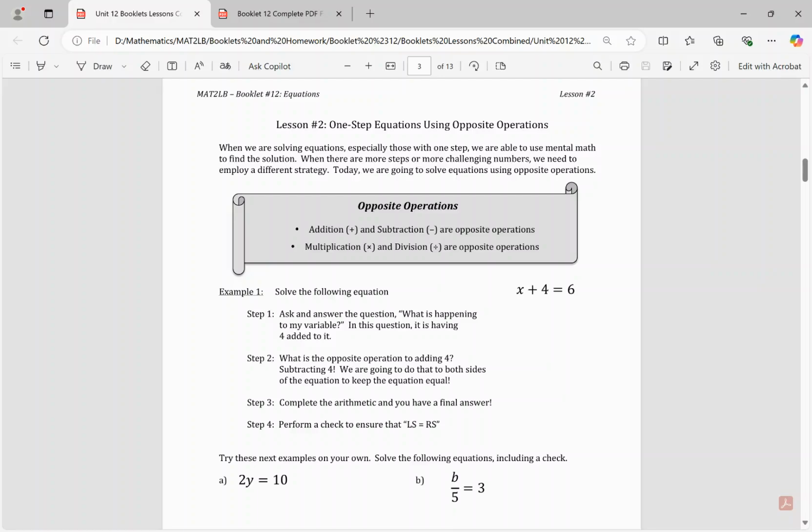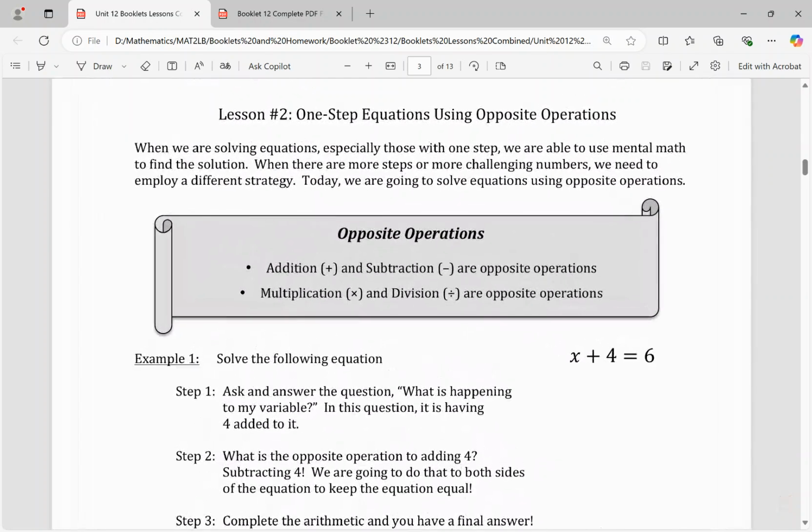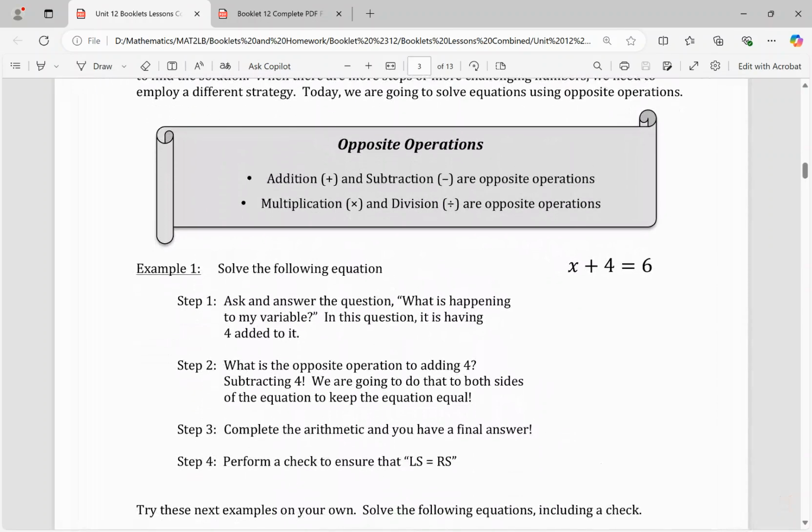Today we will be completing lesson 2 in booklet 12. This lesson is one-step equations using opposite operations. In this lesson, we will be solving problems similar to lesson 1, but we're going to be using a different strategy. Instead of solving for the variable using mental math, we're going to use algebra to get the same answer.